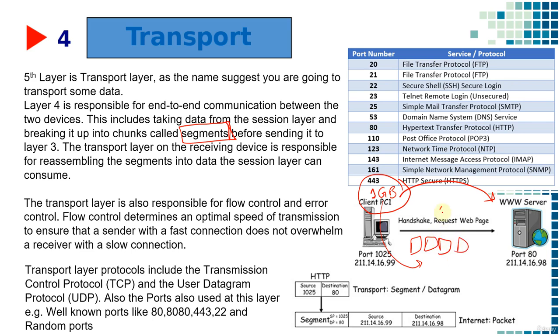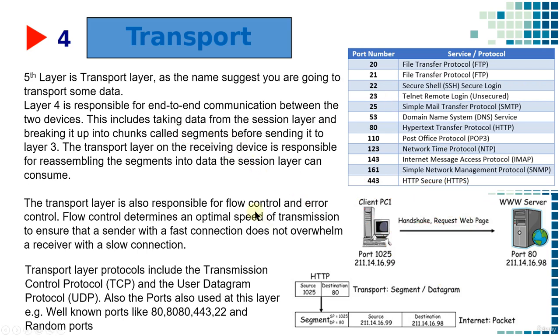This 1 GB of data, you are going to divide into, let's suppose, 10 MB, 10 MB, 10 MB, and so on. The first 10 MB will be transferred, then the second 10 MB, then the third, and so on. Whatever these things are, they are called segments.